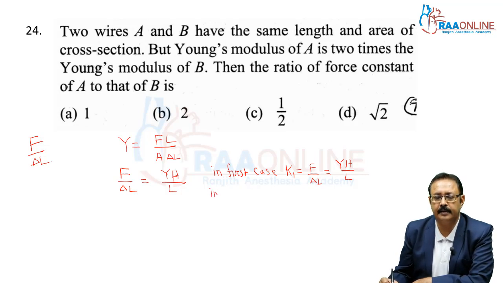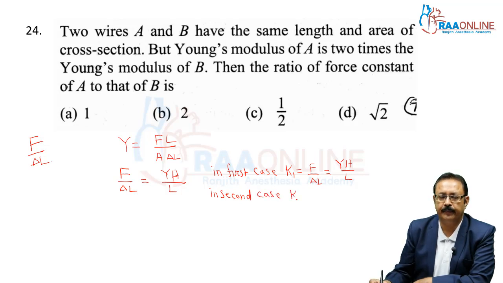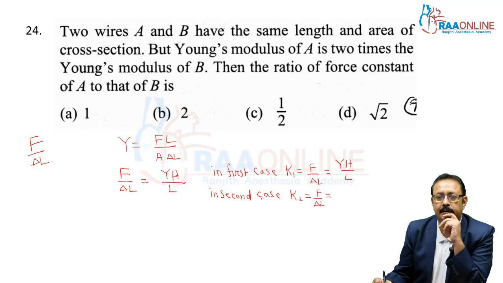In the second case, what is the change in scenario? I am writing it as K2 for F by delta L. What is the change?